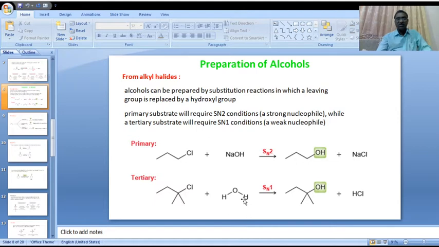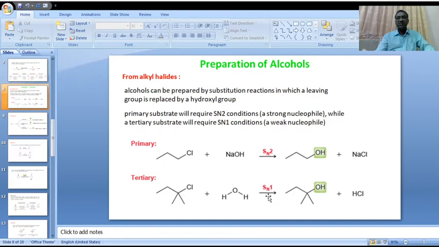Here we are using the water molecule. Is it clear? In presence of this water molecule, this reaction proceeds by the SN1 mechanism.